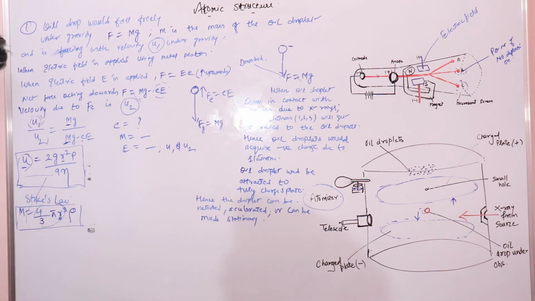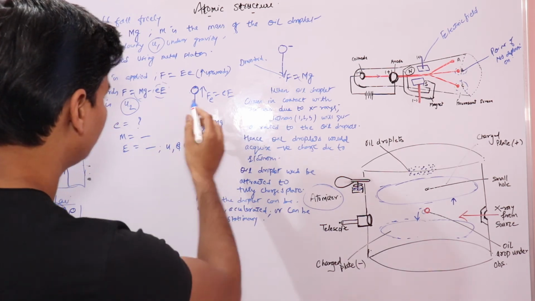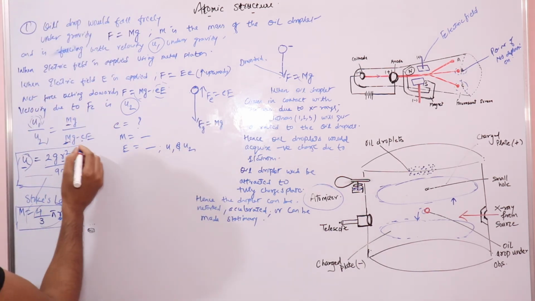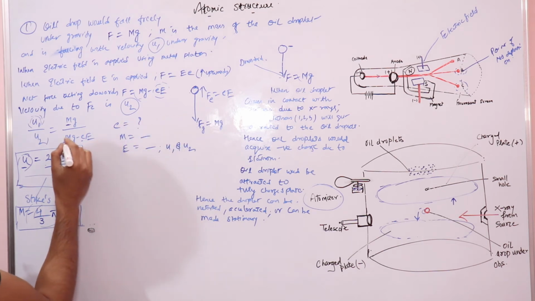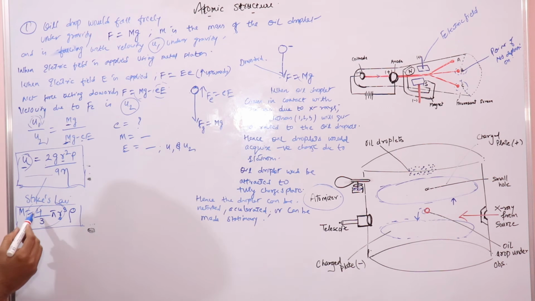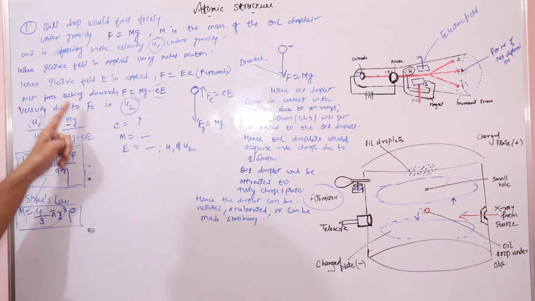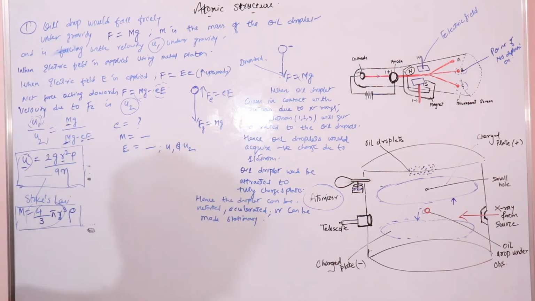These are mathematical calculations; just understand what we are doing here. We just want to find the value of e, the charge on an electron. If you substitute all these values, you can find the value of e.